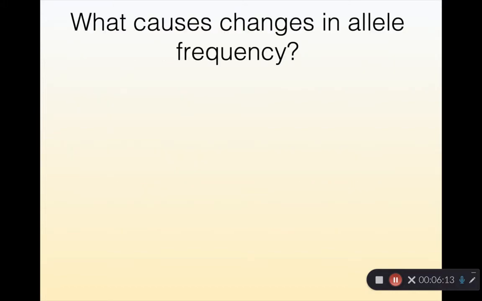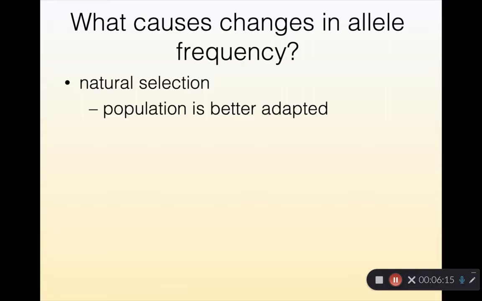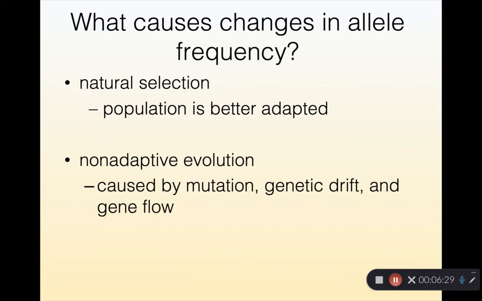So what causes changes in allele frequency? We've talked about this previously, natural selection, where a population becomes better adapted for its surroundings. But now we're going to start talking about another type of mechanism, which is non-adaptive evolution, and how that changes allele frequency.